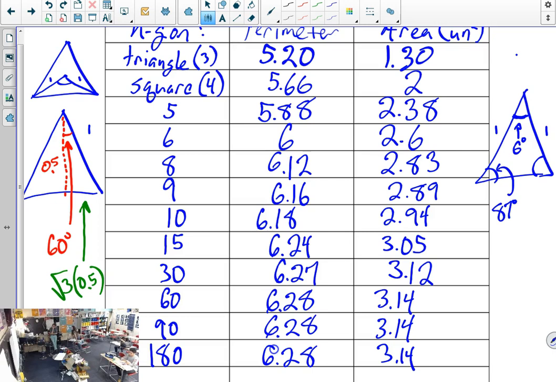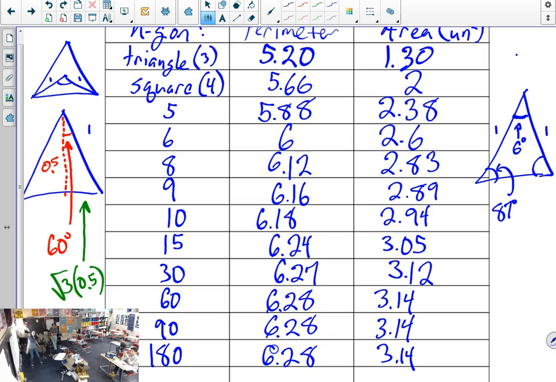Okay, so Ava's very passionate. Ava, take the floor. What observations do you want to state for the class? Well, as we keep going and there are more sides, it gets bigger and bigger and bigger until we hit here, where the changes are so minute that it's beyond the hundredth.